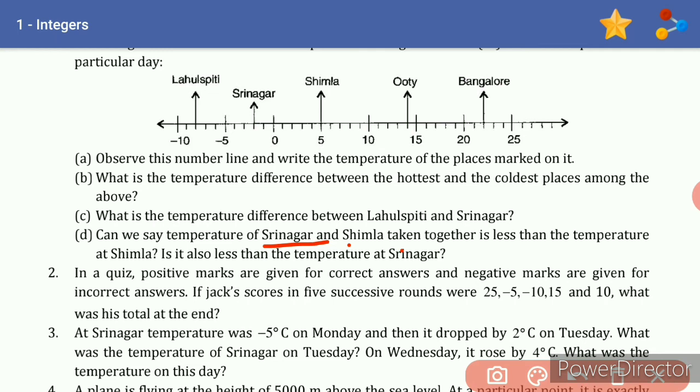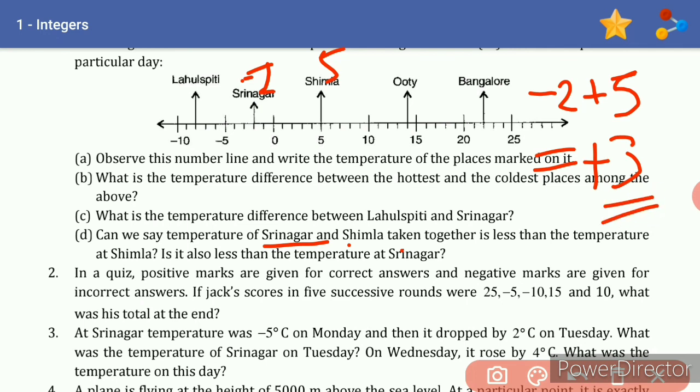The temperature of Srinagar is minus 2 and Shimla is 5. So minus 2 plus 5, where the bigger number is 5. We have a negative and a positive integer, so we subtract: 5 minus 2 is 3, and the bigger number is plus, so plus 3.